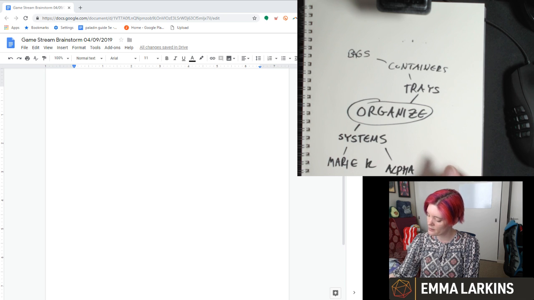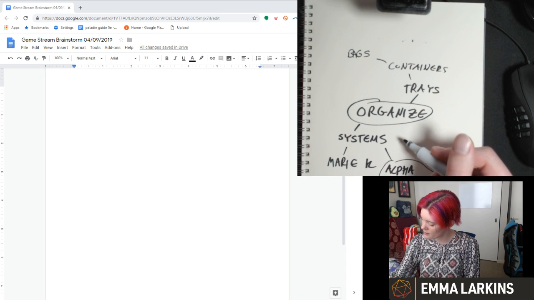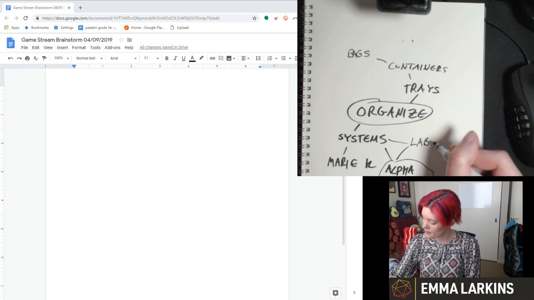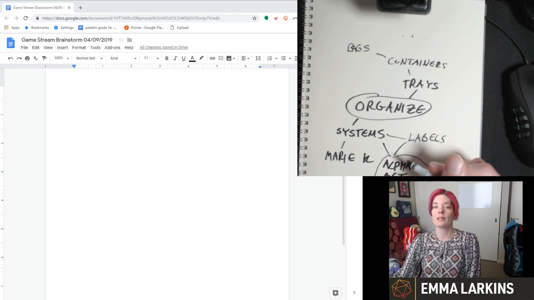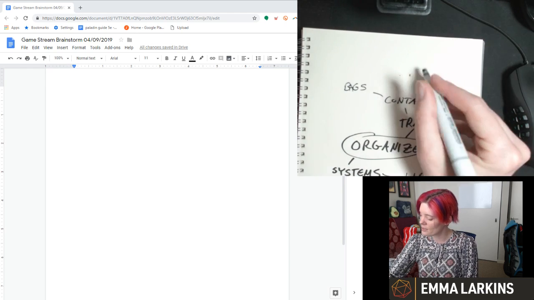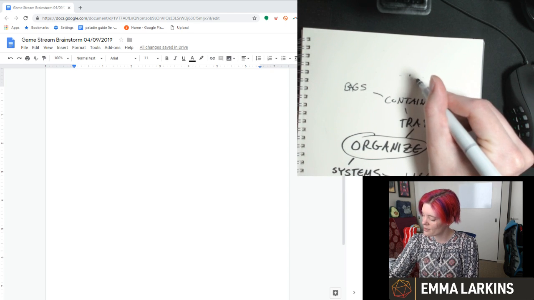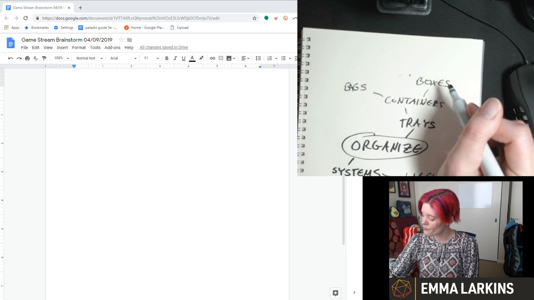Alphabet. So if you're arranging things, I think I'll make this a double arrow, 2 labels. Make sure everything's coming in here. I have a label maker, which makes the organization even more fast and efficient. Come up here to containers, spawn off to boxes.